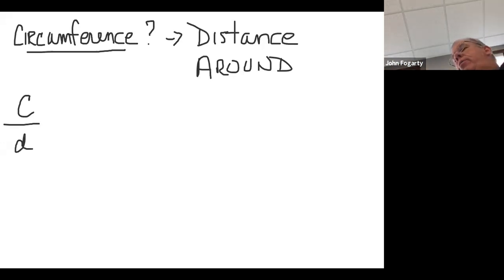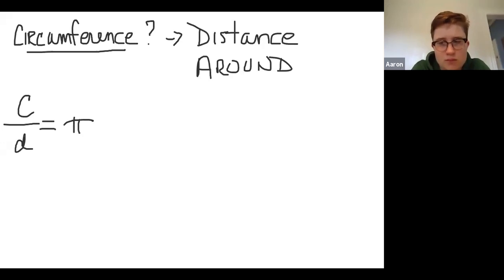What's D? The diameter, right? Any circle in the world, no matter how big or how small, if you take its circumference and divide it by its diameter, you get pi. Do you know that, Gary?